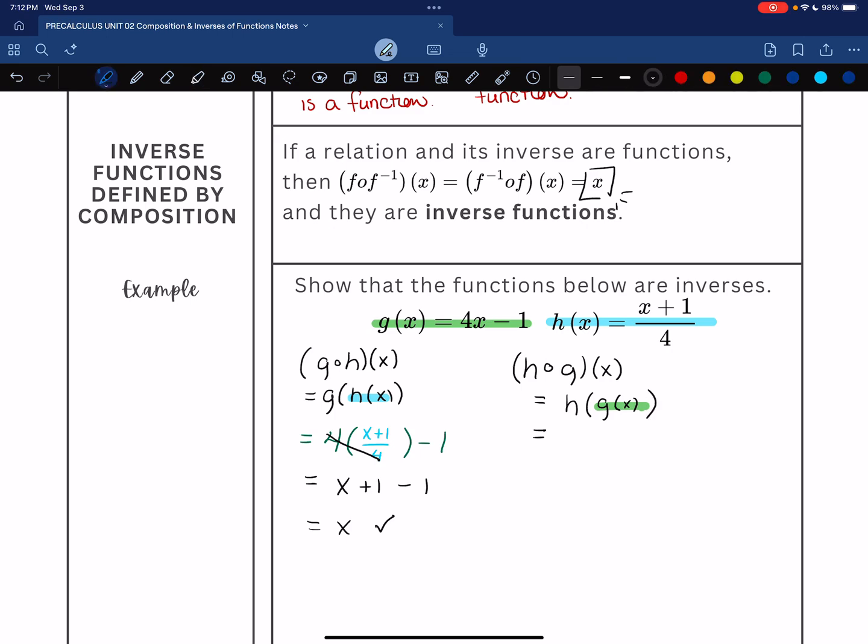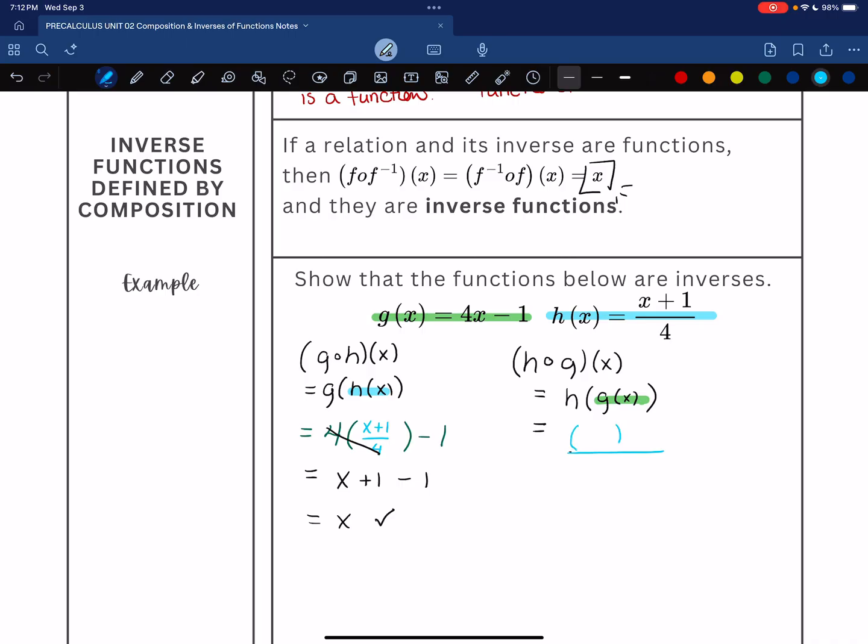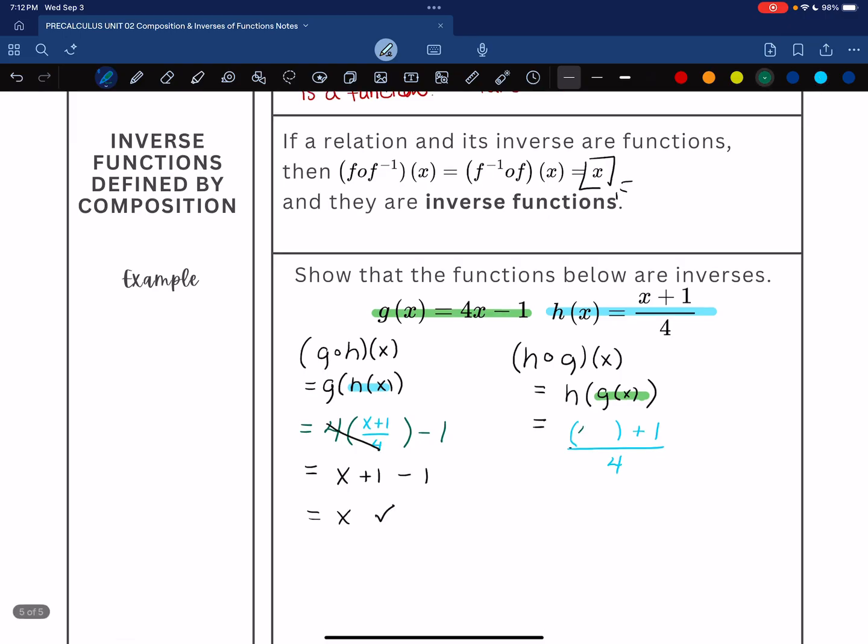So set up your h function. My h function is going to be a quantity plus 1, or the input plus 1, all divided by 4. And in that numerator is where we're going to plug g, so that's 4x minus 1.